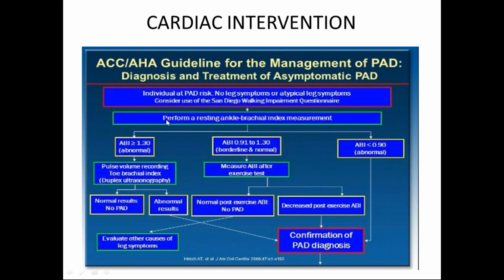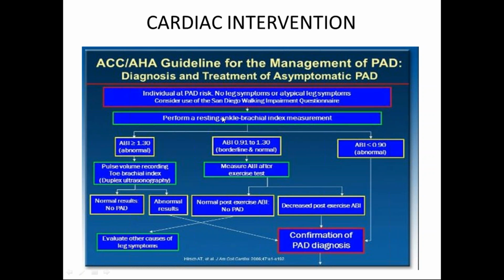Okay, you're going to perform a resting ankle brachial index measurement. So again, these are not patients in extremis. If someone comes with rest leg pain and ulceration, this is not necessary. These are for patients who are relatively asymptomatic.